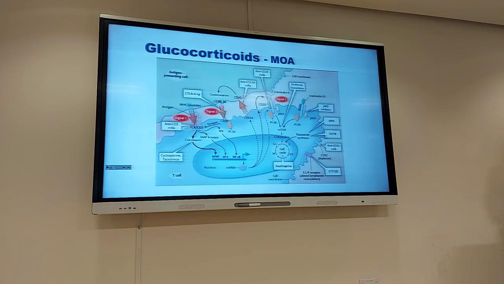The glucocorticoids bind to the receptor, translocate into the cell, and inhibit NF-kappa B, which later leads to different cascade reactions that inhibit many things. One of them is inhibiting interleukin 2, which is important in T cell proliferation.